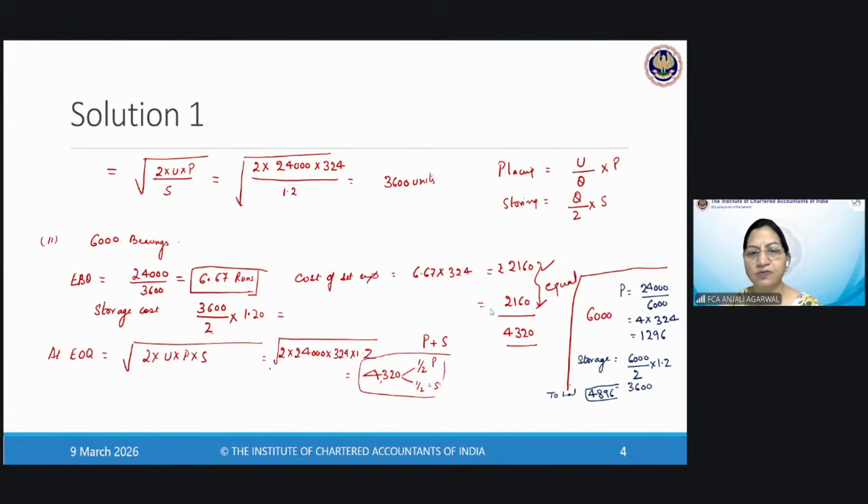Now, if you say what is the minimum holding cost, if you go for a very small production run, like just 10 units, you may have to incur the production run many times, but your holding cost will be negligible. So here it is assumed that the total minimum holding cost at EBQ is 2160.